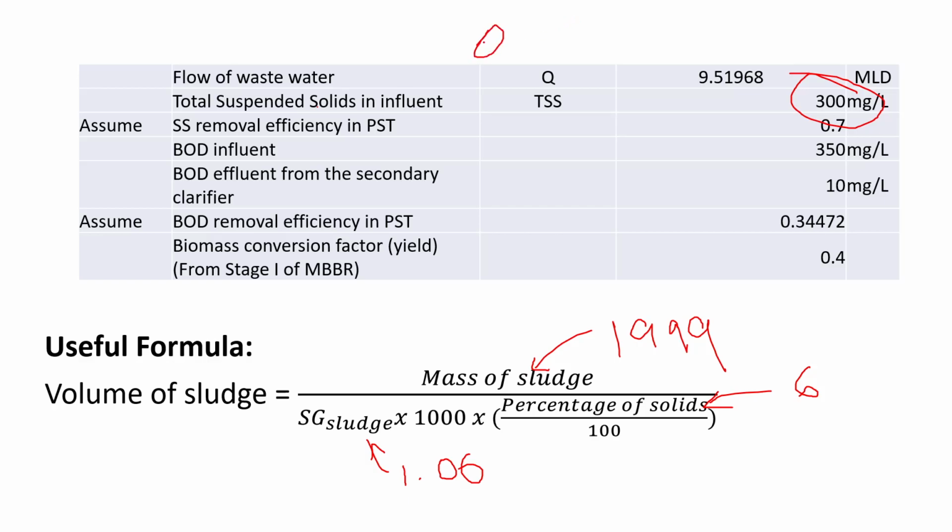It is Q into this BOD, that is 9.51 into 350 into 1 minus BOD removed at primary clarifier, 0.344, right?